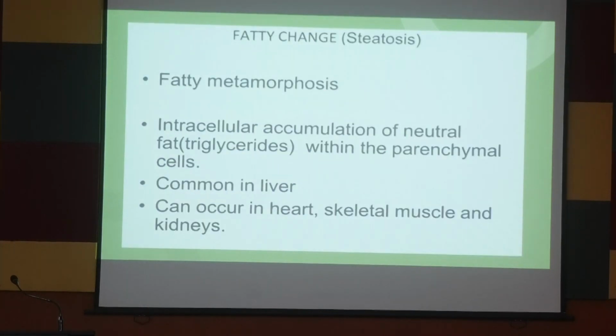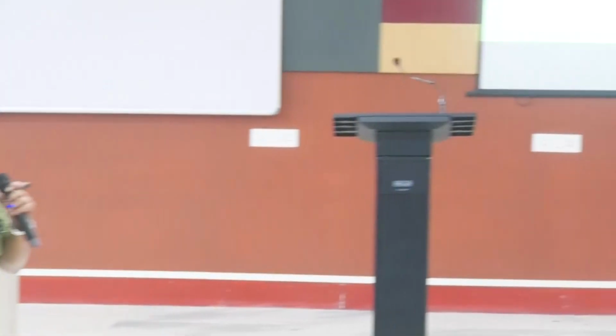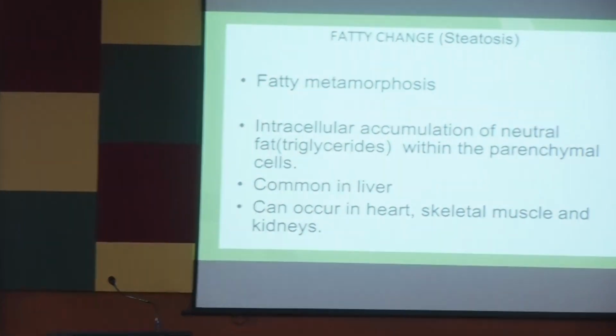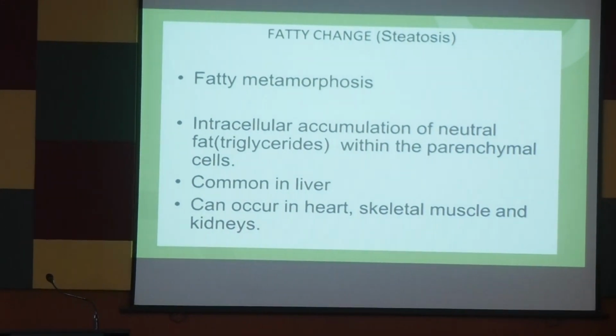Now, coming to the most common portion, fatty changes or steatosis, fatty metamorphosis: intracellular accumulation of neutral fat or triglyceride within the parenchymal cells. This is more common in liver, okay?